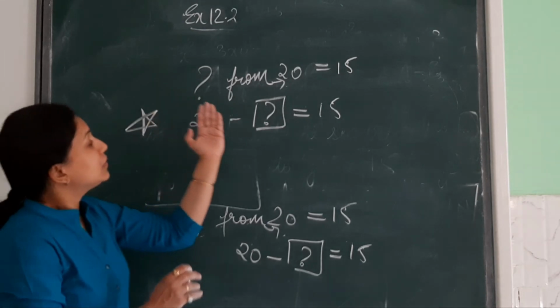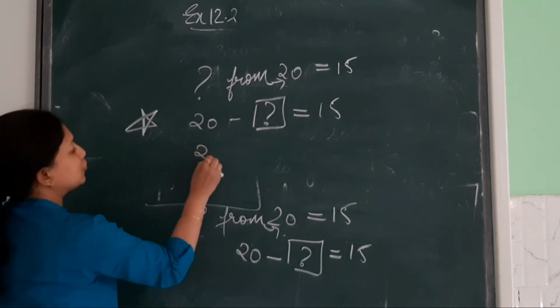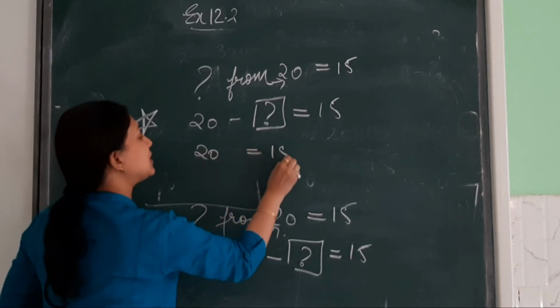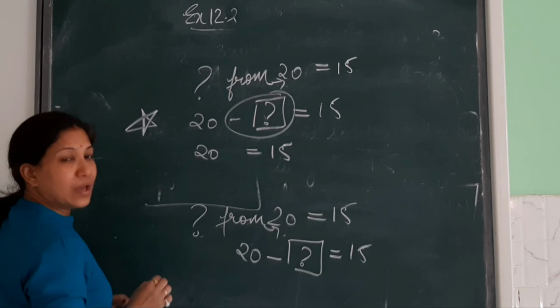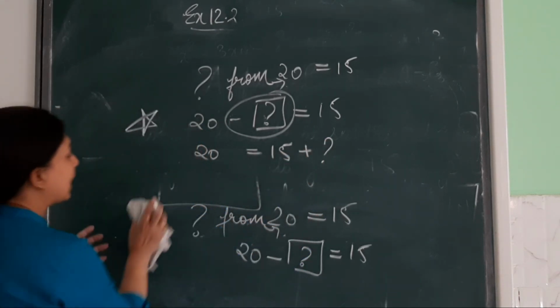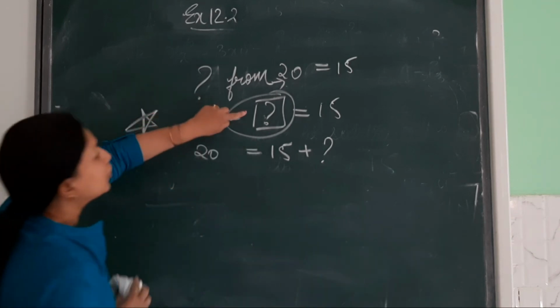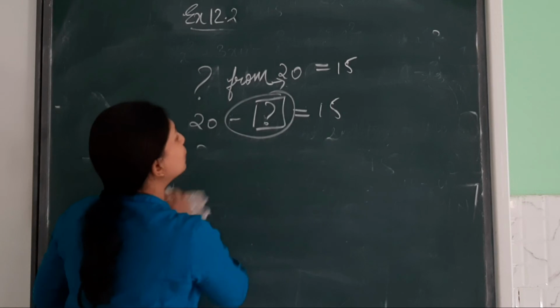You will transpose this minus question mark that side. See, 20, 15 is there only. Let it be 15. You transpose this whole thing. So what will this become? Plus. It's okay now because here we want only the box. But this is minus. Transpose that. Or one more thing you can do.